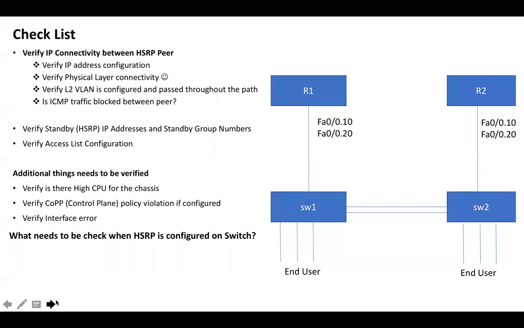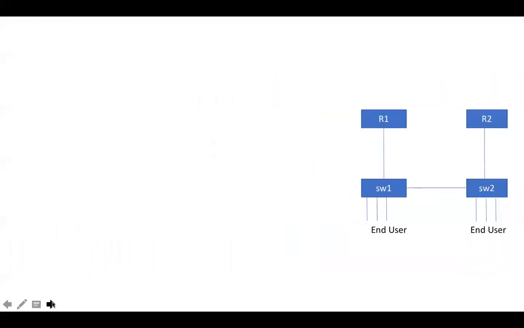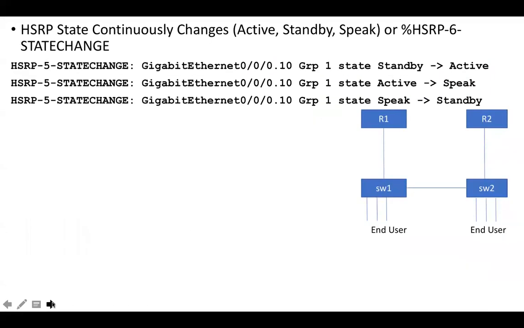Let's discuss another case where HSRP state is flapping and you are getting state change error messages continuously. These error messages indicate the loss of HSRP hellos between HSRP peers R1 and R2. When you are troubleshooting these error messages, you must verify the communication between HSRP peers.